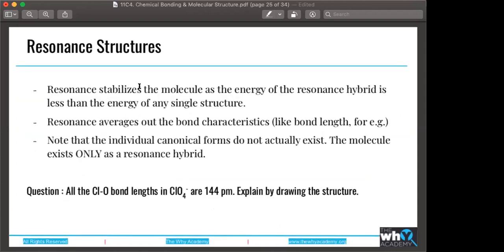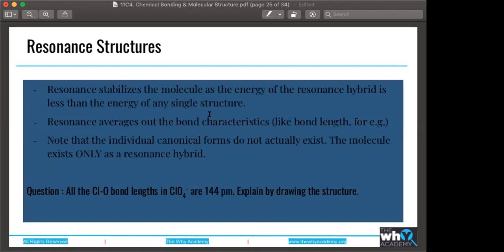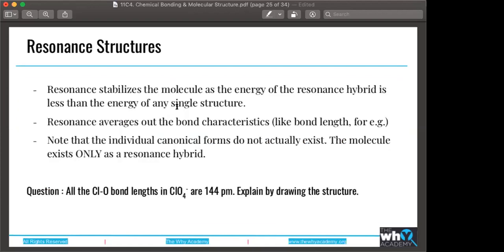Resonance stabilizes the molecule as energy of resonance hybrid is less than the energy of any single structure. I've already mentioned that if you have more resonance structures, it is more stable. So if you identify that this particular species has resonance, it's going to be stable. Stability means overall energy is less than any single structure.